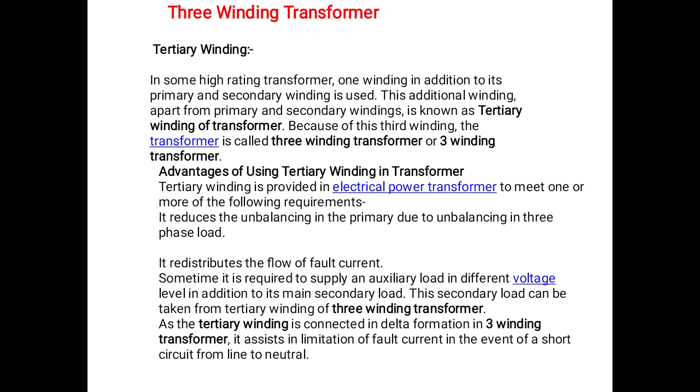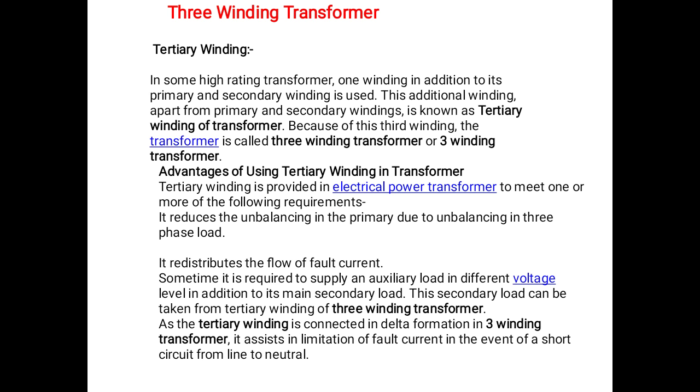Second is, it redistributes the flow of fault current. Sometimes it is required to supply an auxiliary load at different voltage levels in addition to its main secondary load. So this load can be taken from the tertiary winding of the 3-winding transformer.